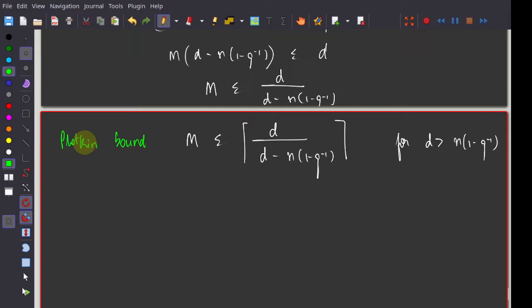So this means that the rate is asymptotically 0 for all d greater than n into (1 minus q inverse). If we want to target a d which is larger than n into (1 minus q inverse), then the rate tends to 0.